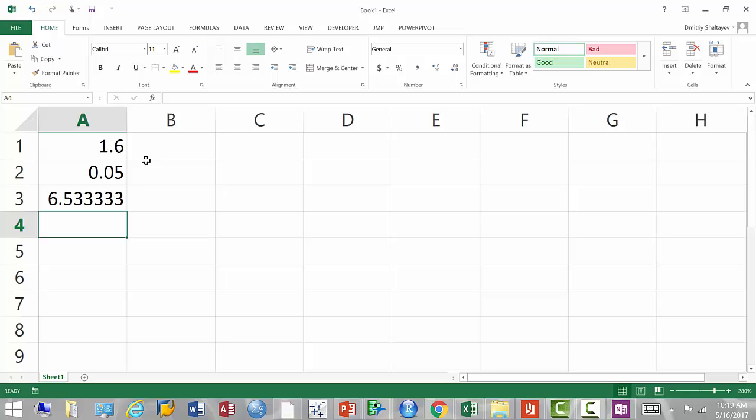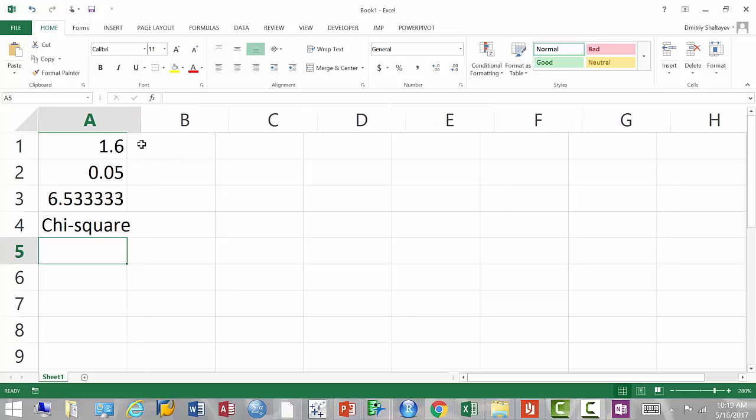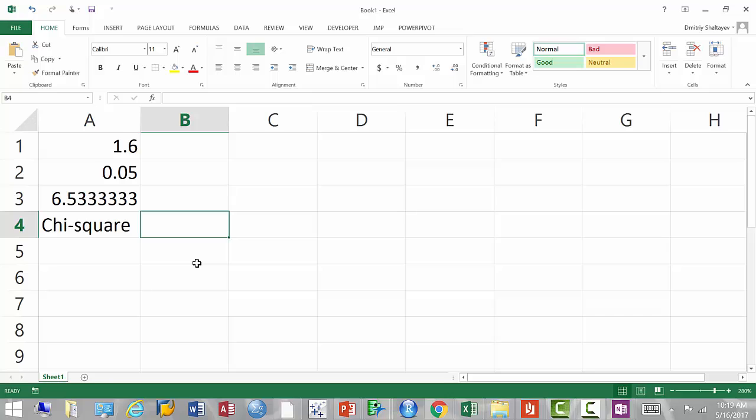So my chi-squared, and by the way, it's spelled chi-squared, but it's pronounced chi-square. That's how the distribution is called. I don't know why, quite honestly, because it's supposed to be chi-squared, but typically statisticians say chi-square.